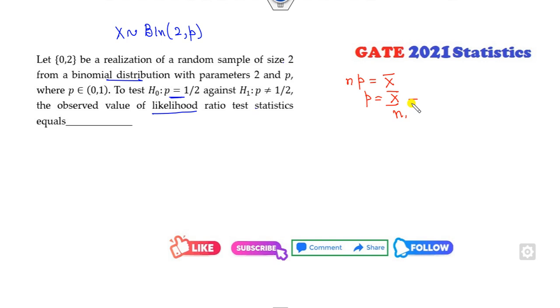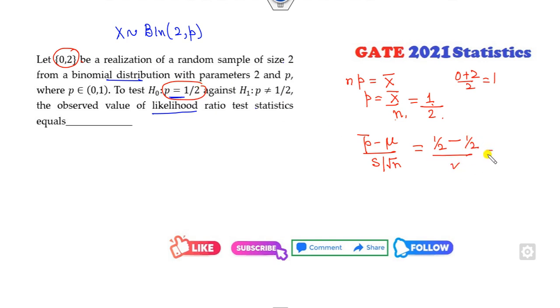So what is the X bar? 0 plus 2 over 2, that is 1. N is 2. So I can use this value, P bar minus mu over S by root n. P bar is the sample mean, half. Mu is half, so the numerator is 0.